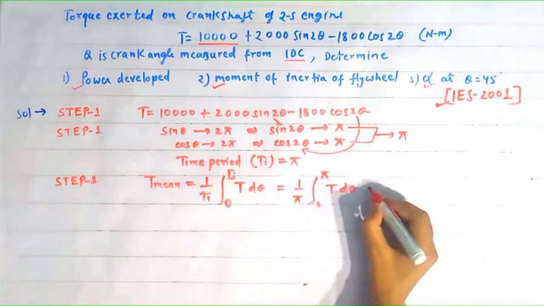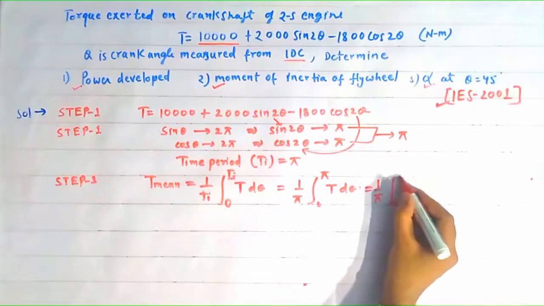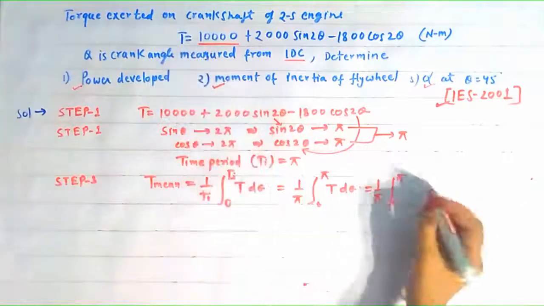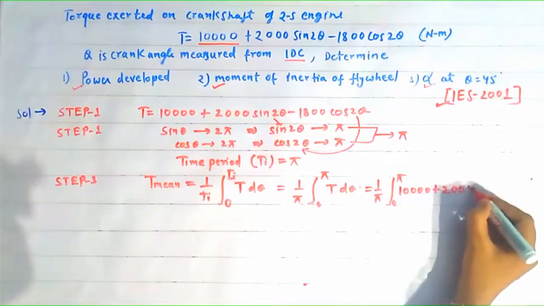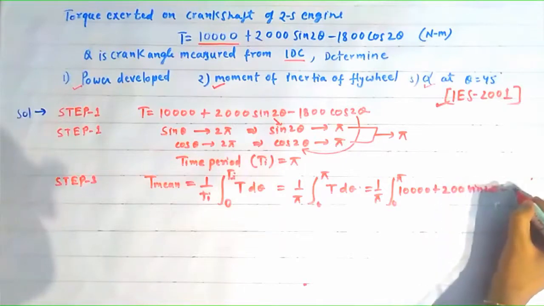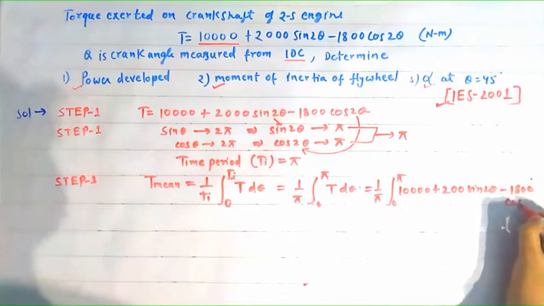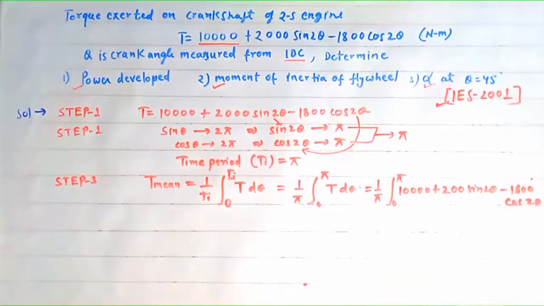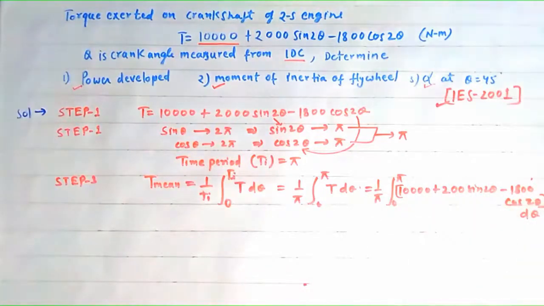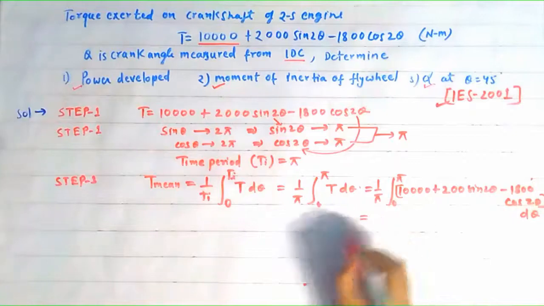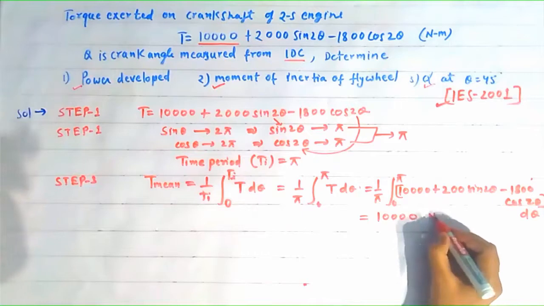Now I will put the value of T in this expression from above, 10,000 plus 2000 sin 2θ minus 1800 cos 2θ, and integrate with respect to θ. If you integrate this, you will get T mean as 10,000 Newton meter.